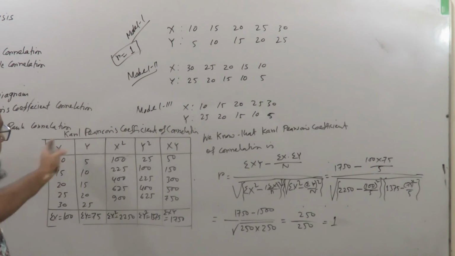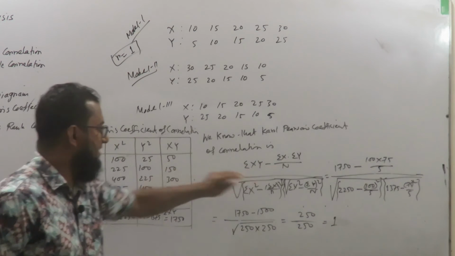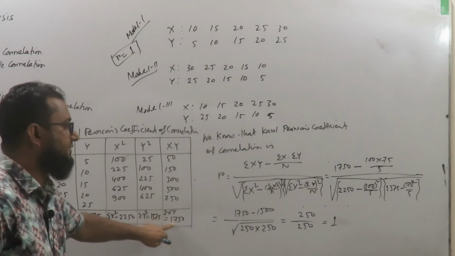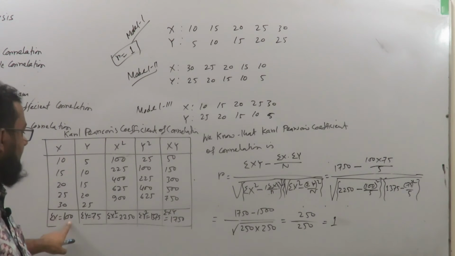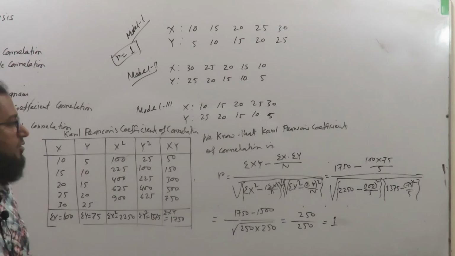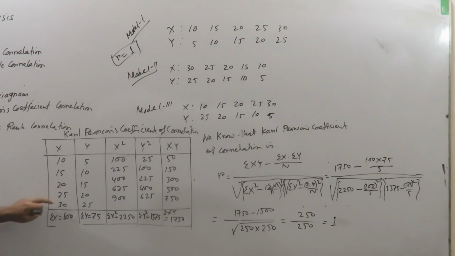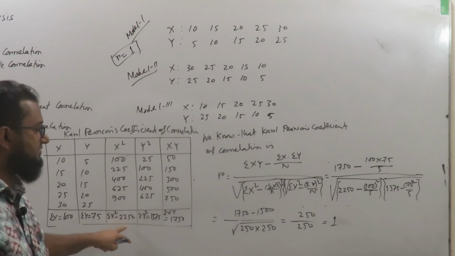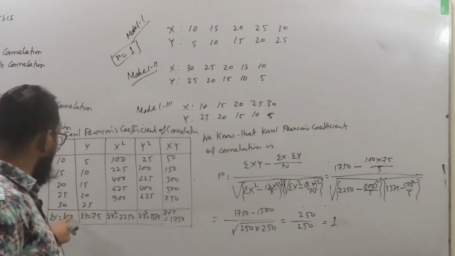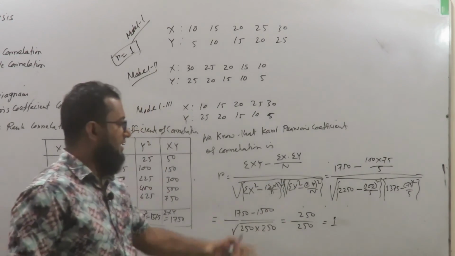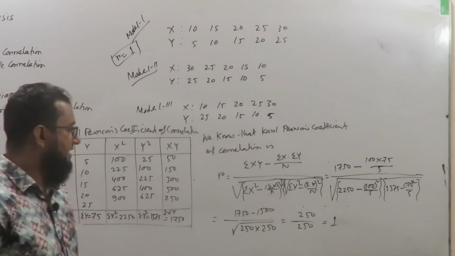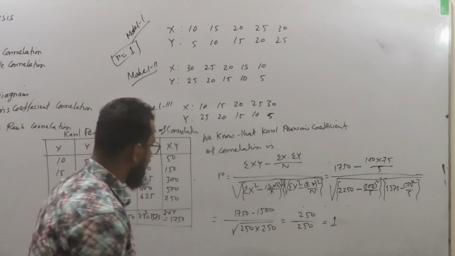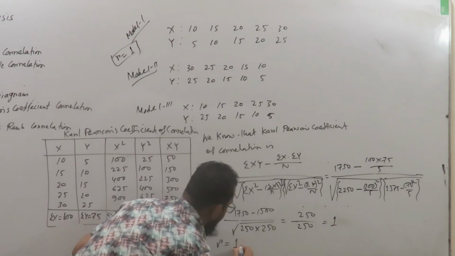Applying the data from the table: summation xy 1750 minus summation x 100, summation y 75, and number of observations is 5, so n equal to 5, and summation x square is 2250, and summation x 100 square divided by 5. You know how to use the formula with the data from the table. And finally we have found the value r equal to 1.